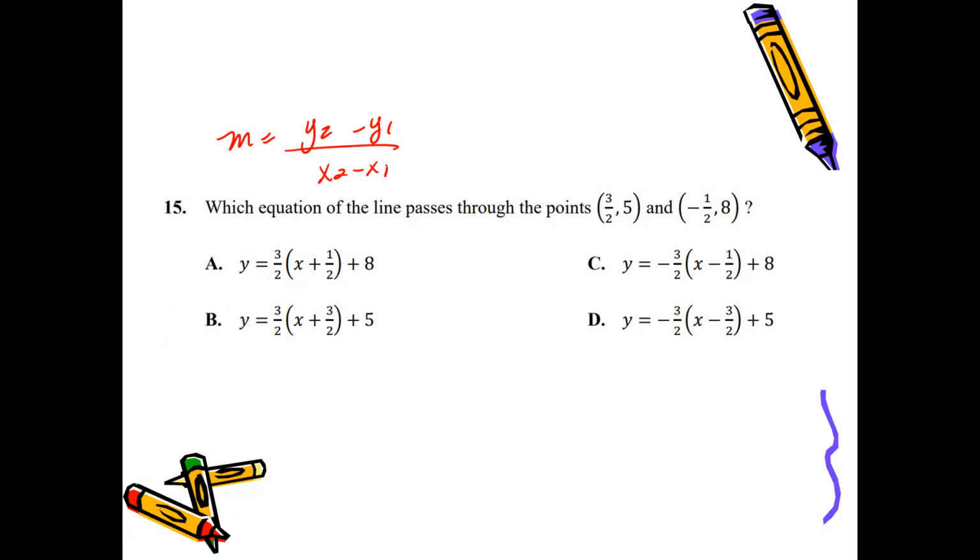Then when you look at the slope right here, we're going to label these 2 points. The first one is x1, y1. Second one is x2, y2.